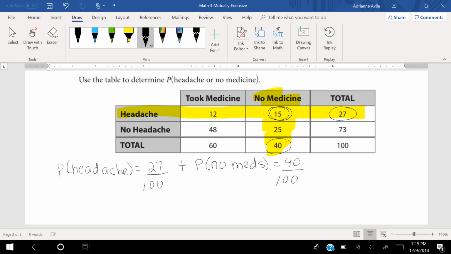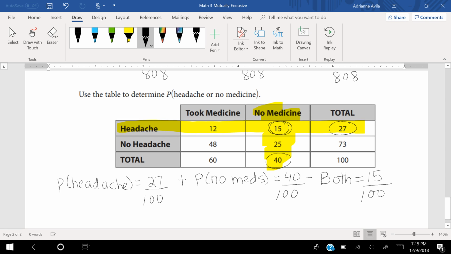And then I need to subtract off both. And again, that was 15 out of 100. And so if I do all those calculations and simplify, the probability of the event that I'm asked about, I should get 13 out of 25.